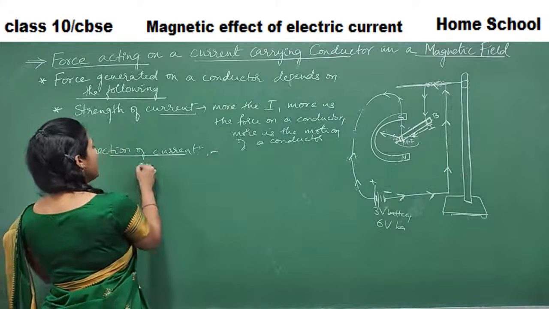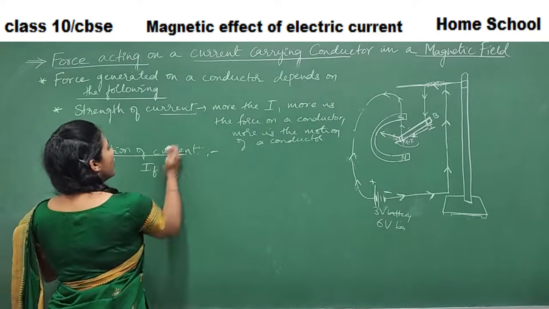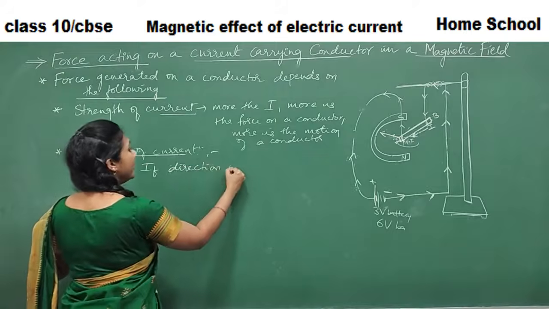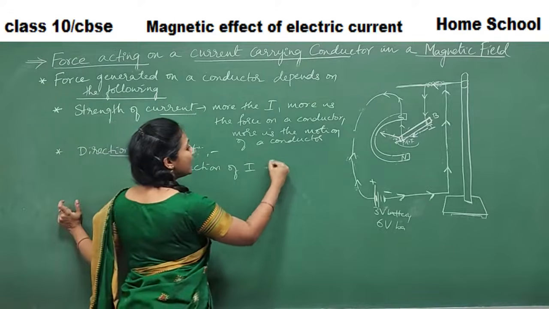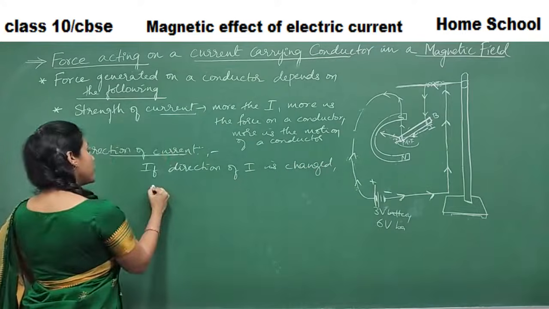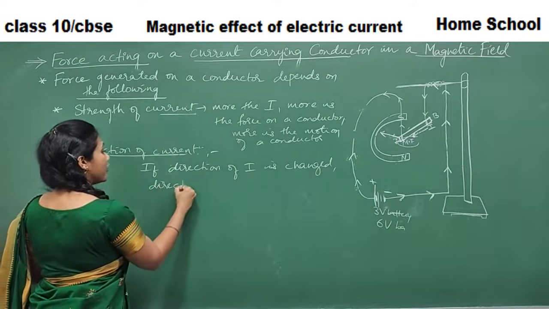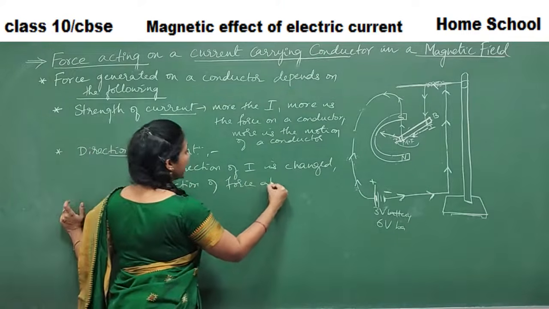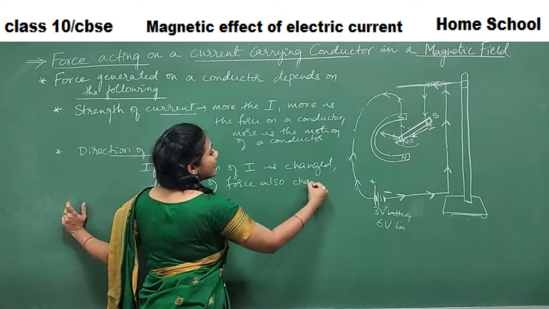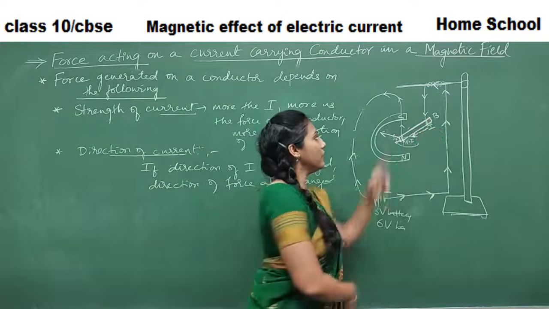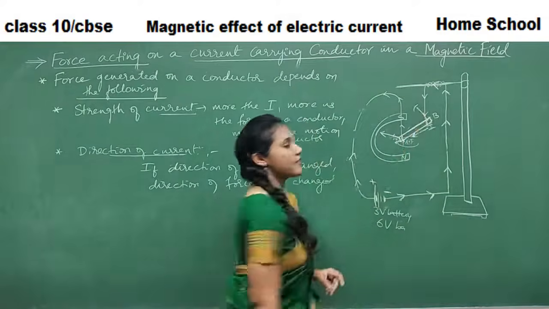If the direction of current is changed, note down the point, very important. If the direction of I is changed, the direction of force also changes. So when the direction of force is changed, now the rod may move here, like this.